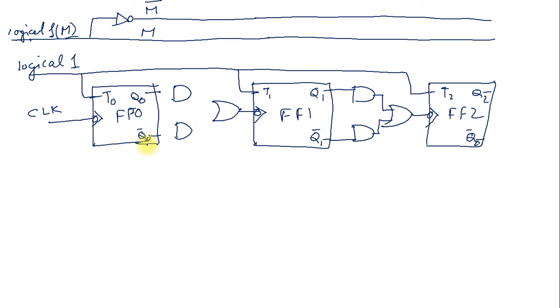So Q is connected with M complement, and here M is connected with this, and I can take the output from this, Q0.